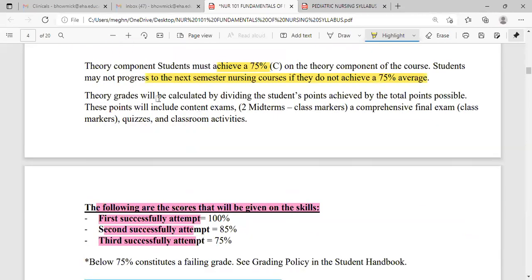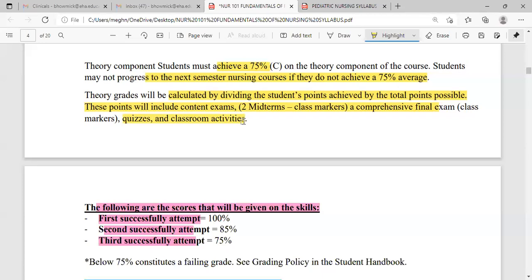And the theory grade will be calculated by dividing the student points achieved by the total points possible. And these points will include content exams, two midterms plus a marker exam, also a comprehensive final exam, some quizzes and classroom activities.